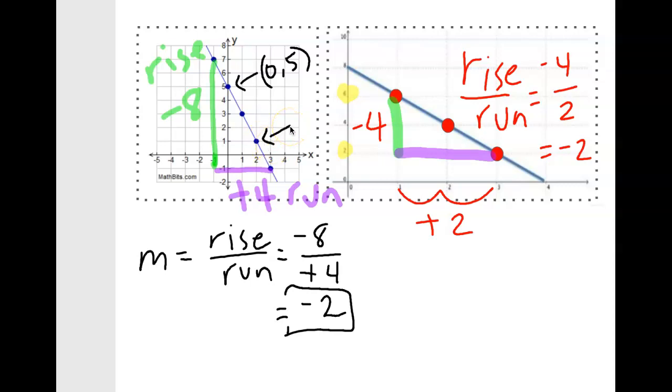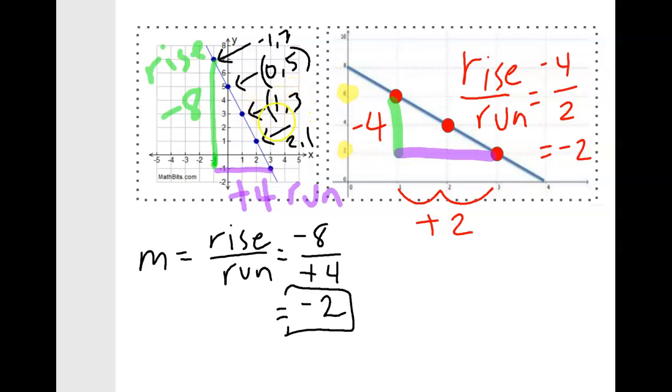So this point right here is going to be (2, 1). The next point, if I go up past the y-axis, is going to be (-1, 7). I just covered that up with my arrow, but that was (-1, 7). And then lastly, this point is (1, 3).